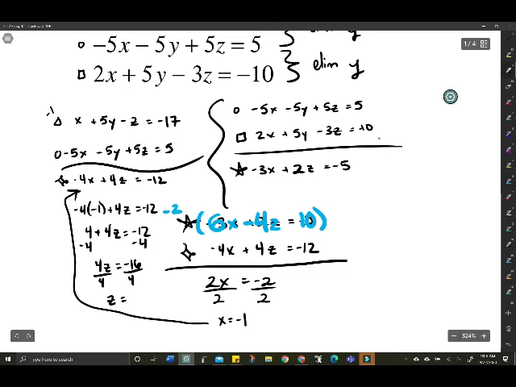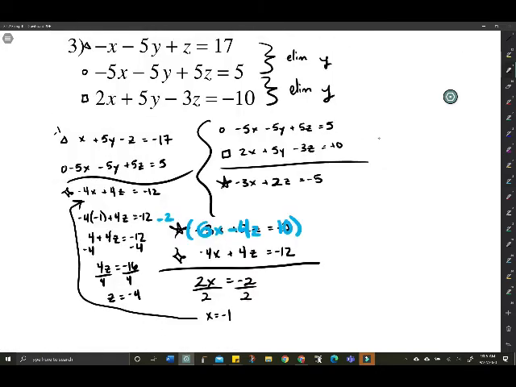Z equals negative 4, so x and z. And plug into any of the originals. I'm going to keep it consistent and use triangle, negative, opposite of negative 1, minus 5y, plus z, which is negative 4, equals 17.